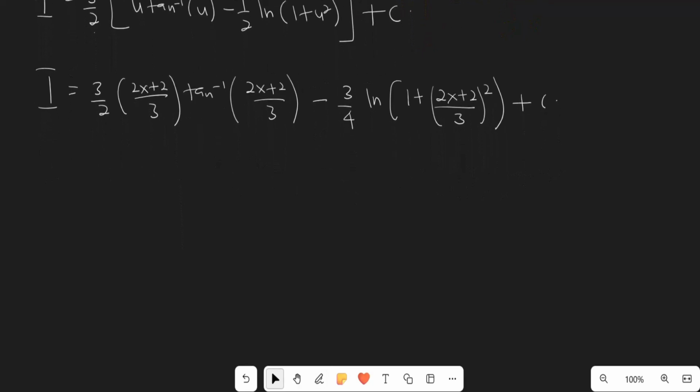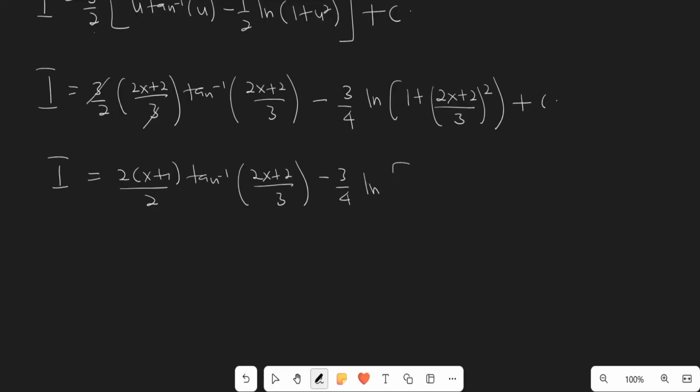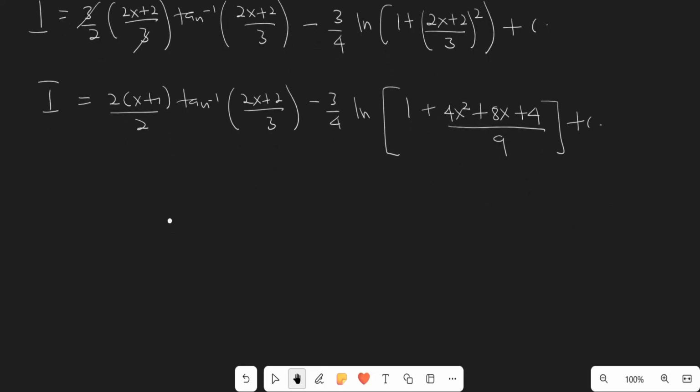So this 3 will cancel this 3, and then I is going to be equal to, you can factorize 2 out of here, and that becomes 2 into (x plus 1) divided by 2. Then tan inverse of (2x plus 2) all over 3 minus 3 over 4 the ln of what? This is 1 plus squaring this one. This is going to be (4x squared plus 8x plus 4) all over 3 squared, which is 9, plus the constant of integration.